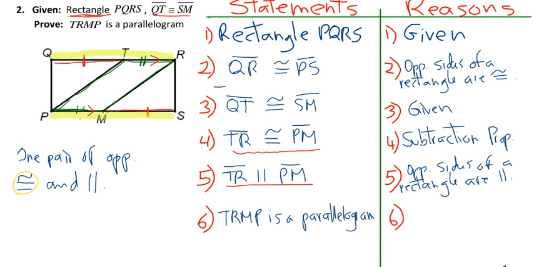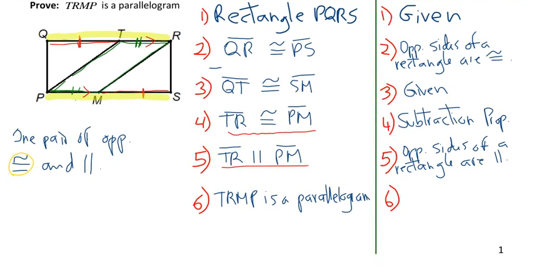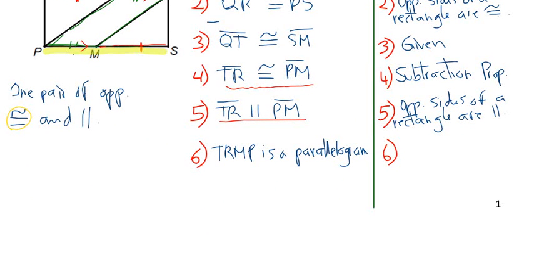And the reason would be our theorem number 3 from the table, which says if one pair of opposite sides is both congruent and parallel, then the quadrilateral is a parallelogram. Just moving up in order to be able to write it.